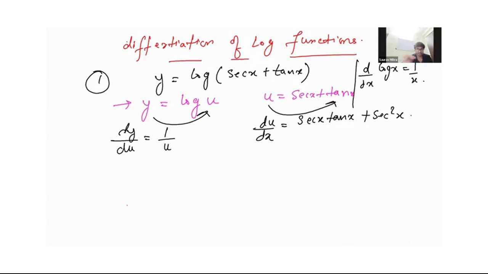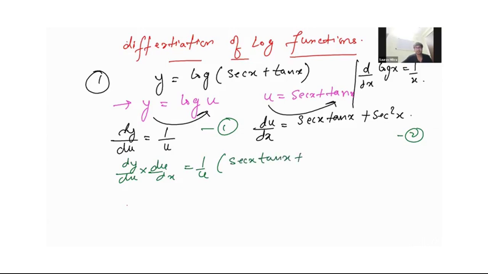Now again, we will multiply both of these functions. This is your first, this is your second. So this is dy by du into du by dx. That means it is 1 by u into sec x tan x plus sec square x.